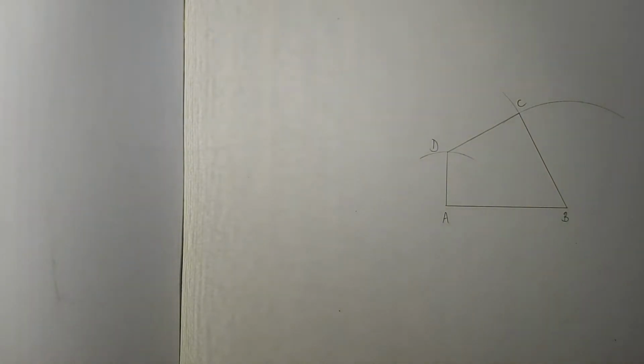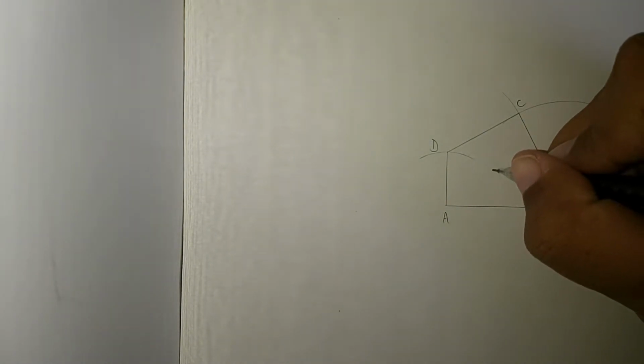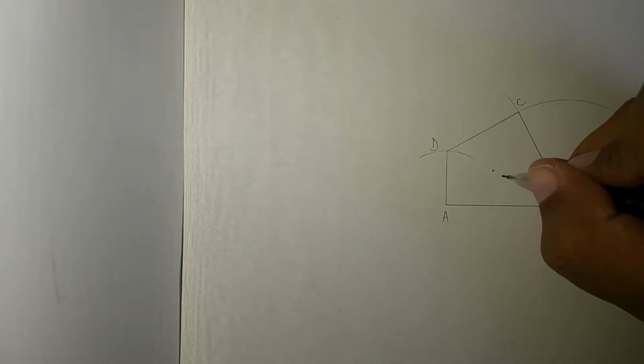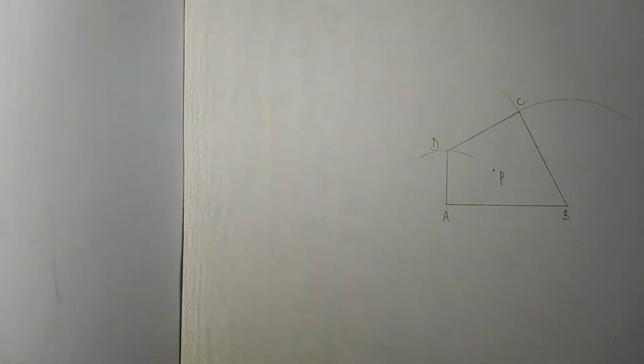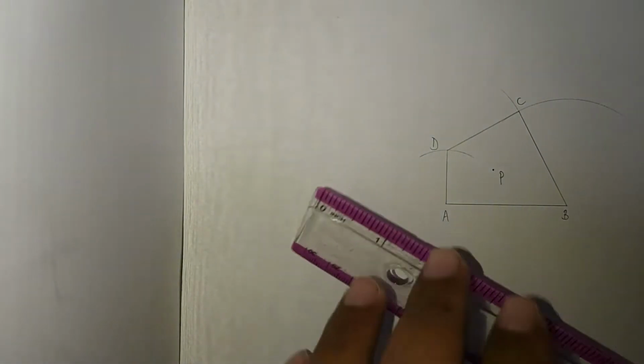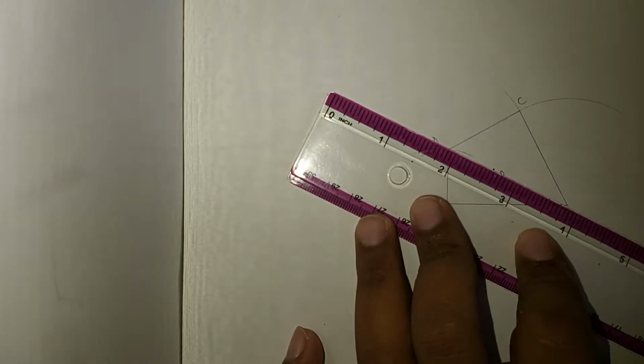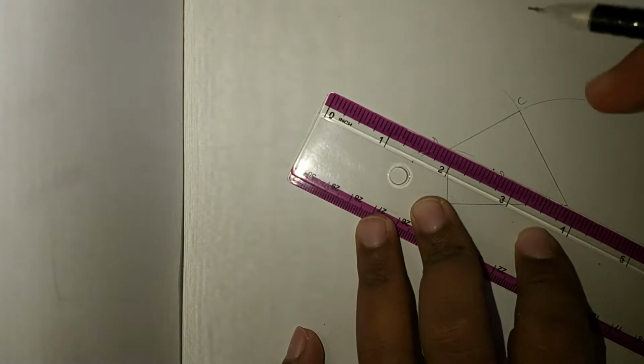So first thing, in the center of the shape, you're going to choose a point in the center, and that point you're going to label as P. Now after you choose that point, from the center you're going to draw a line through each of the vertices of the shape.